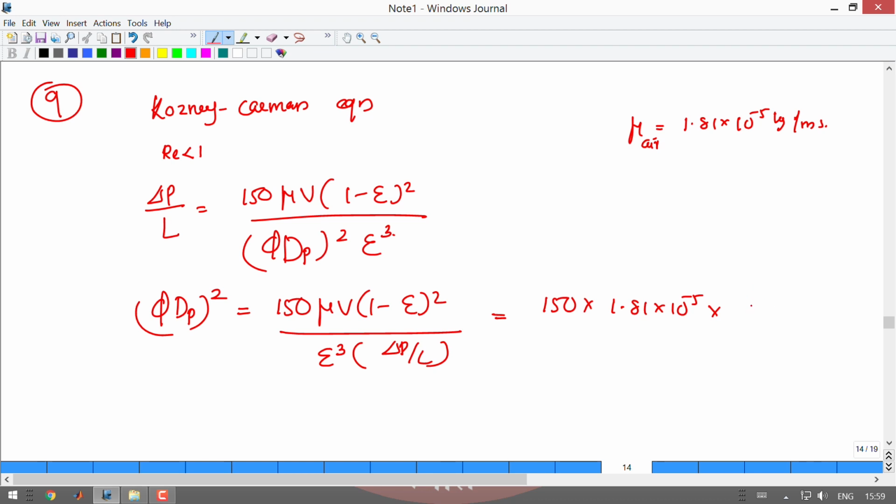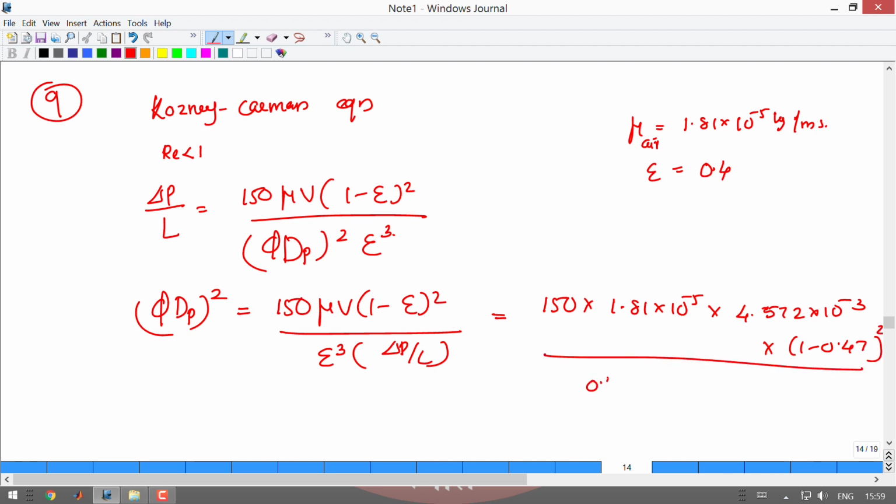So, velocity will be equal to 4.572 into 10 raised to minus 3, into epsilon equal to 0.47. So, (1 minus 0.47) the whole square divided by 0.47 the whole cube into delta P by L, which is equal to 84.